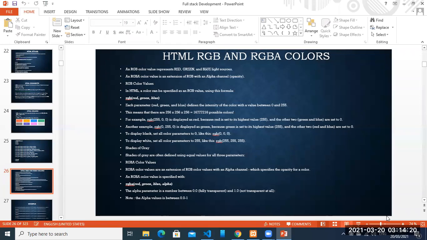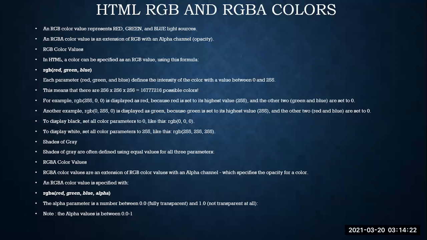So now let's look at the RGBA, the opacity value. The RGBA value is an extension of the RGB color values with an alpha channel, which specifies the opacity for a color. An RGBA color value is specified with, of course, the red, green, blue, and the opacity, which is the alpha.